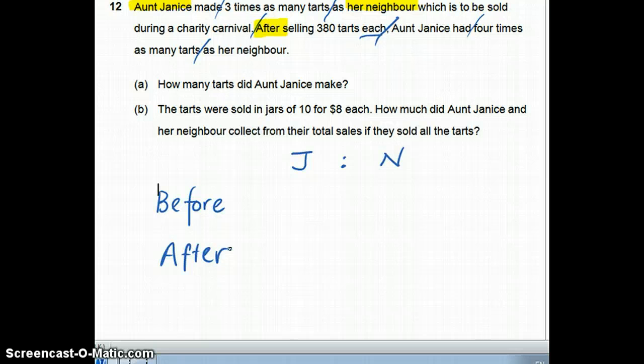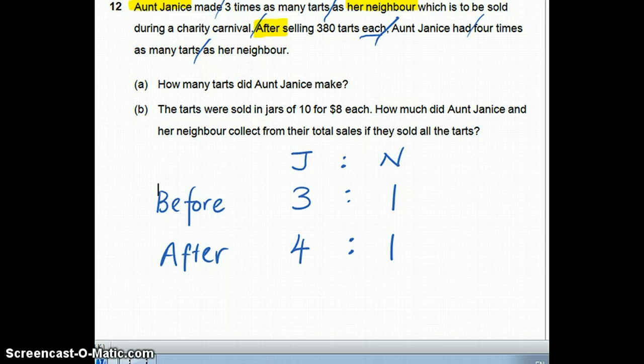At the beginning, Aunt Janice had 3 times as many as the neighbor. After selling 380 tarts each, Aunt Janice will have 4 times as many as the neighbor. Both result in changes for the number of tarts.